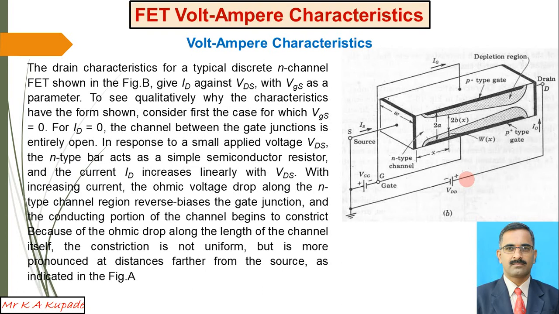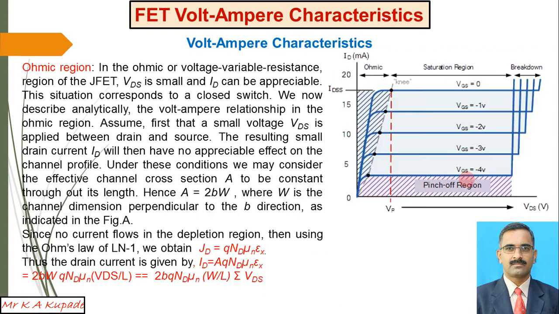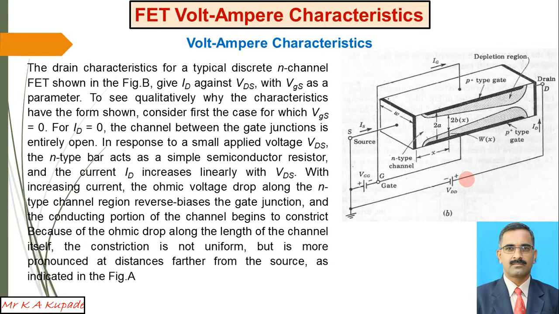Here the drain characteristics for the typical discrete N channel FET are shown in this slide. As we already discussed, we are going to discuss the same thing once again, but in a different manner.